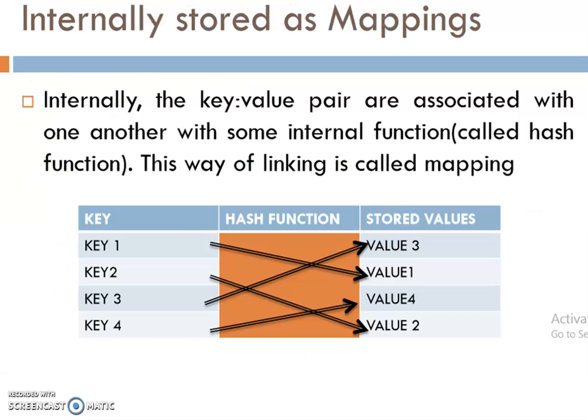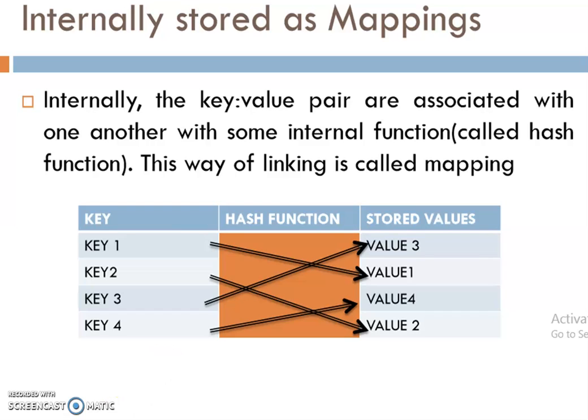Children, next one, internally stored as mappings. Internally, the key value pairs are associated with one another with some internal function. These internal functions are called hash functions. A hash function is an internal algorithm to map and link a key with a stored value.